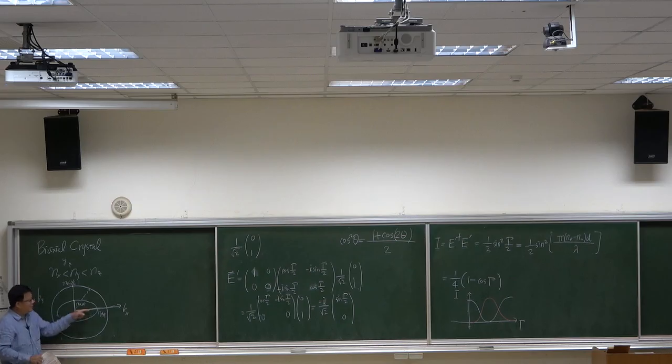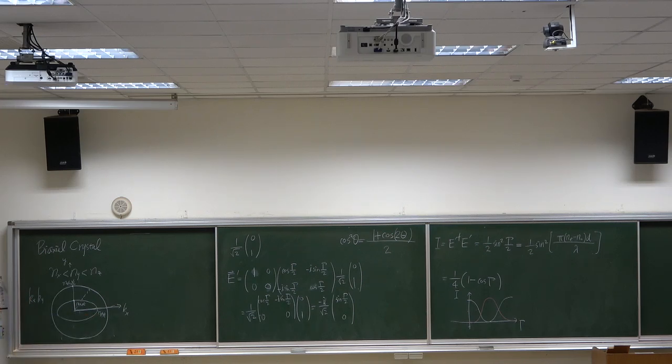And for this, we have a k vector along the X direction, but the E vector and the D vector along the Y direction. So you have the refractive index equal to ny.